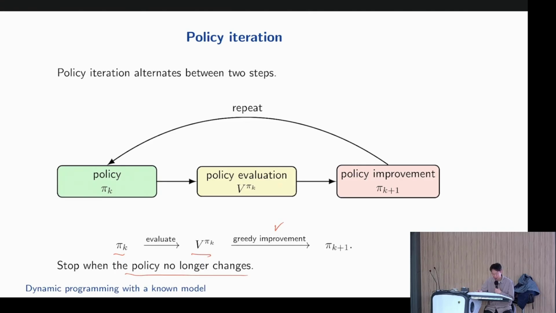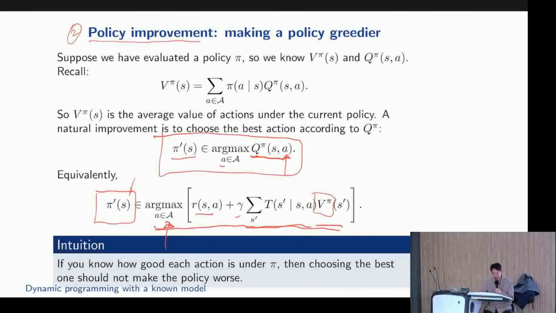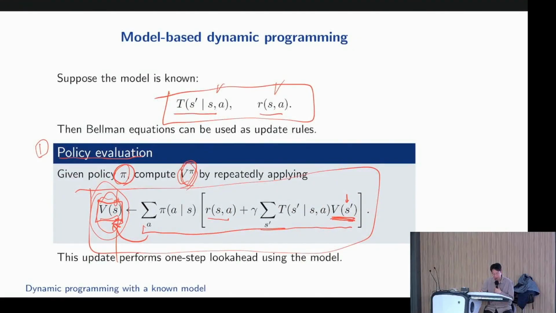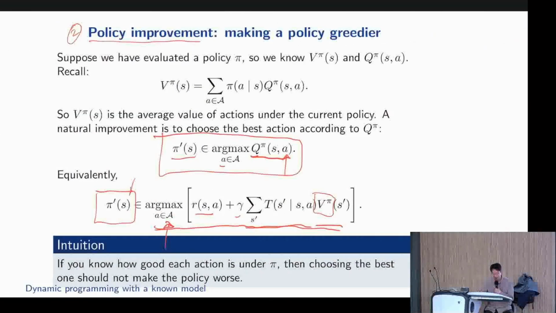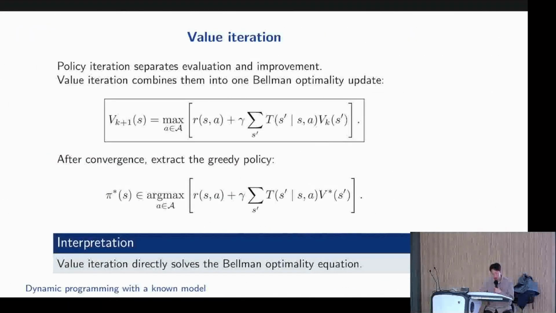So it has two phases: an evaluation phase, where you fill in the values for all states, and an improvement phase, where you adjust the policy to act according to the currently computed value tables. There's a more direct approach where you do everything in one shot, and that's the value iteration algorithm. Unfortunately, it looks like we're out of time.